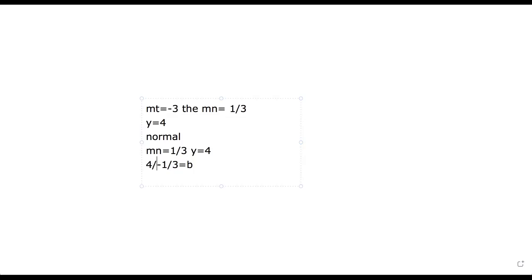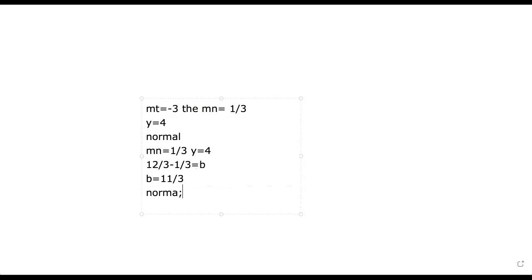Let me explain again. It was 4 minus 1 over 3. The denominator of 4 is 1. So you will need a common denominator. So I multiply 3 times 4 and 3 times 1. So it will be 12 and 3. 4 becomes 12/3, minus 1/3. B equals 11 over 3.